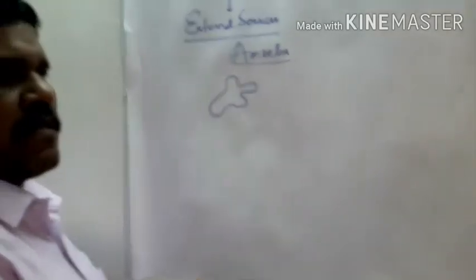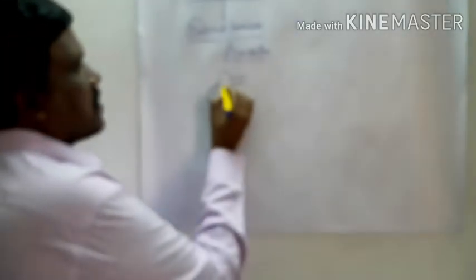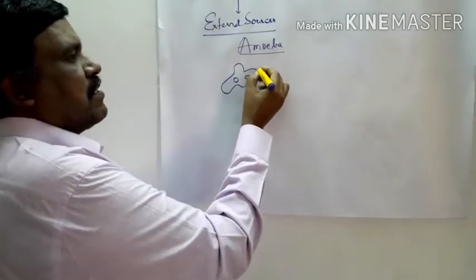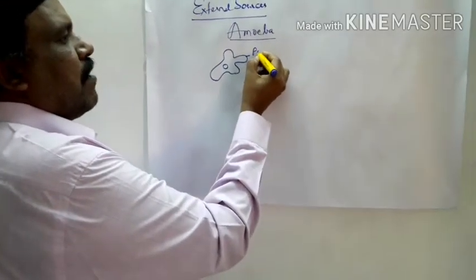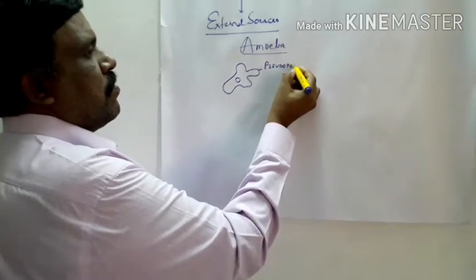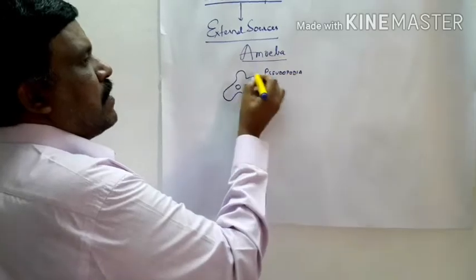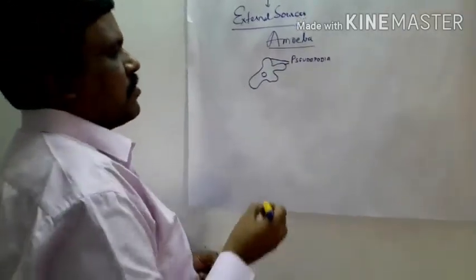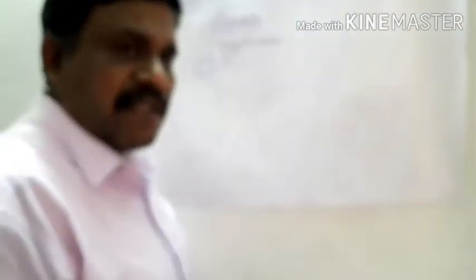These finger-like projections are called pseudopodia. It usually lives in aquatic systems.